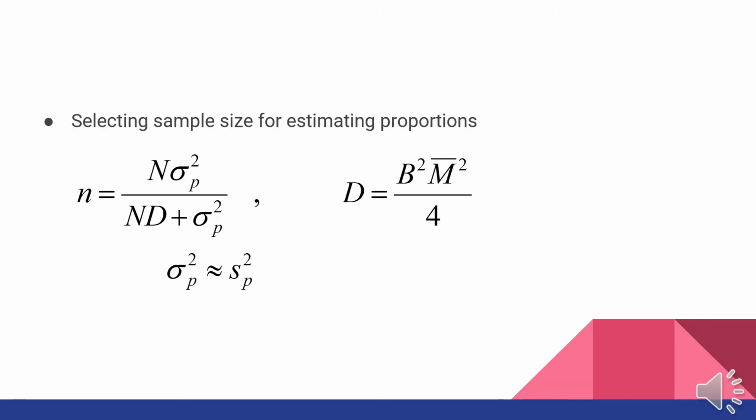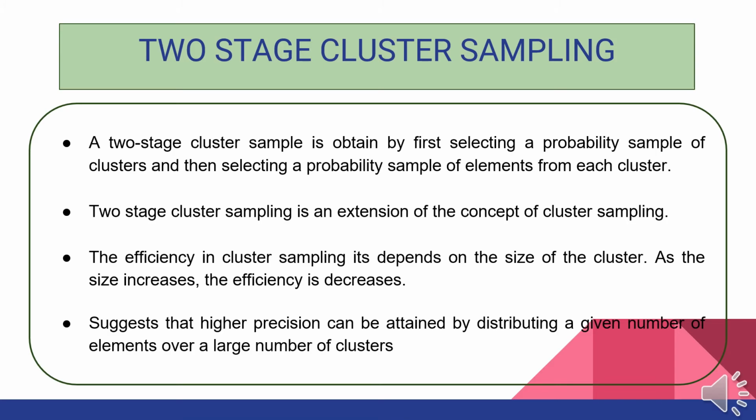Next slide is on selecting sample size for estimating proportions. Two-stage cluster sampling. A two-stage cluster sampling is obtained by first selecting a probability sample of clusters and then selecting a probability sample of elements from each cluster. Two-stage cluster sampling is an extension of the concept of cluster sampling.